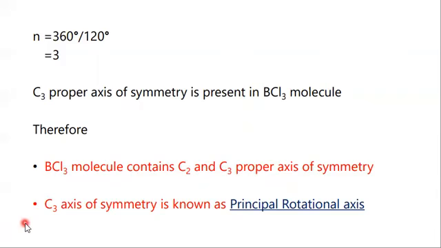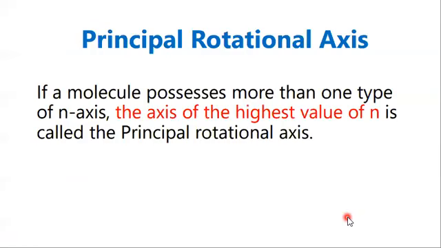Here the C3 axis of symmetry is known as the principal rotational axis. In the next slide we will see what the principal rotational axis is. If a molecule has more than one type of n-fold axis, the axis with the highest value of n is called the principal rotational axis.